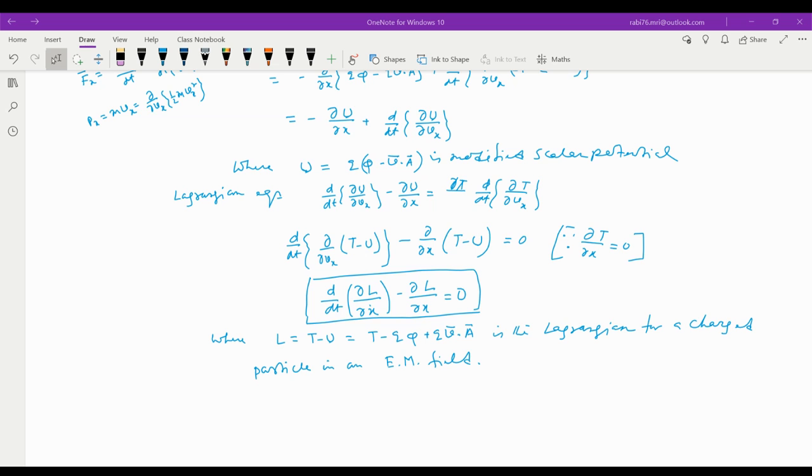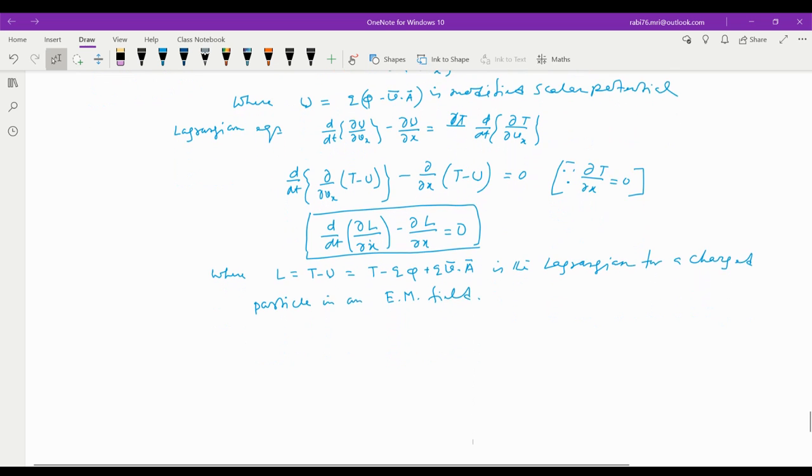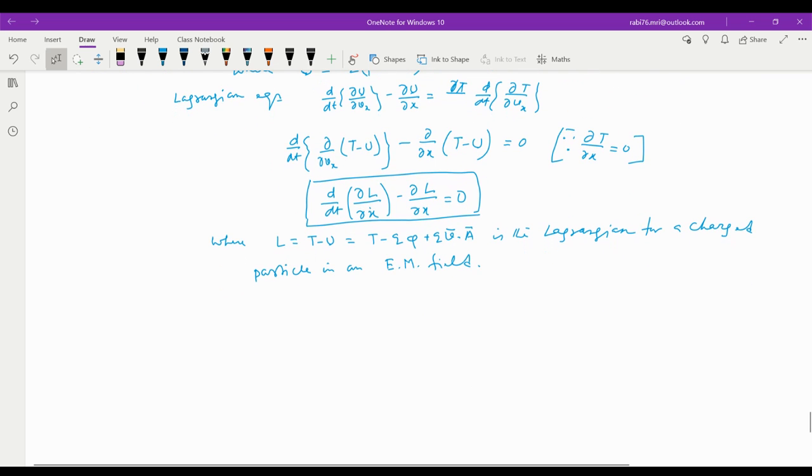So we are discussing the Lagrangian for a charged particle in an electromagnetic field. Our next topic, number 2, is Hamilton's variational principle.